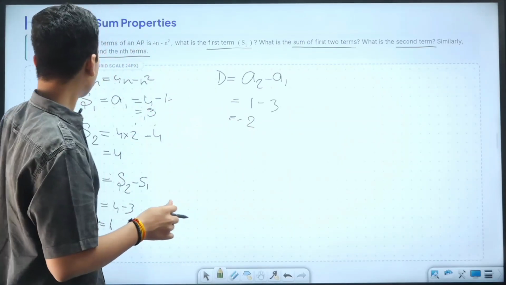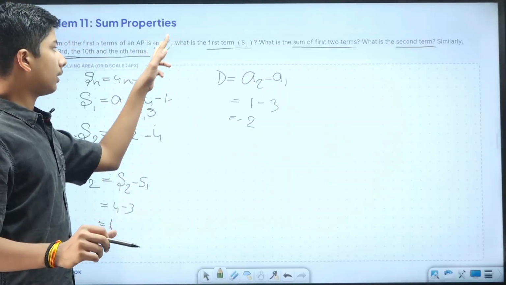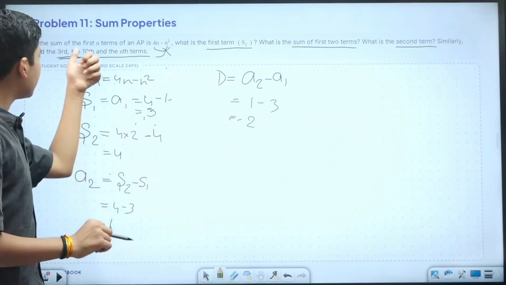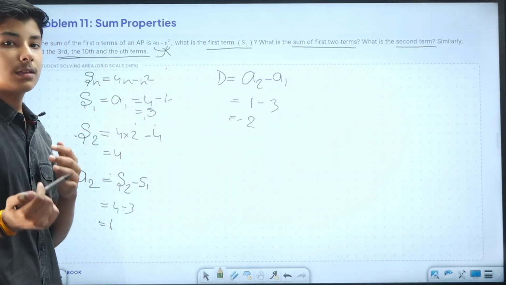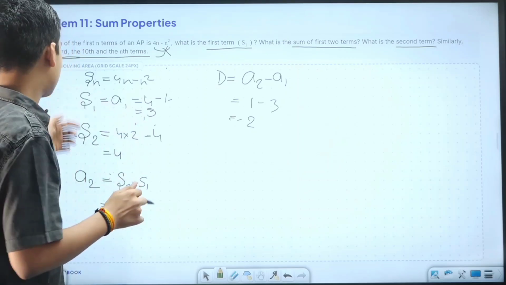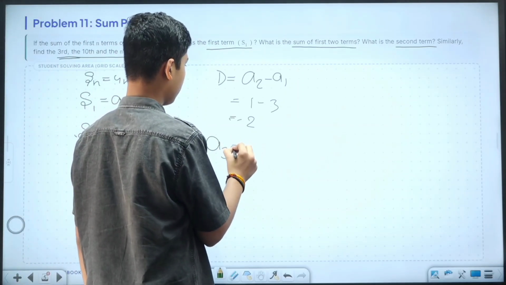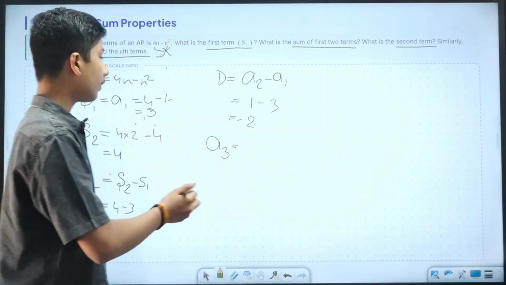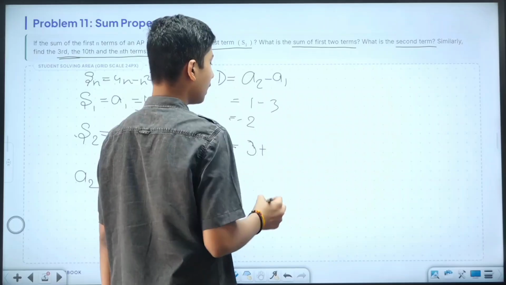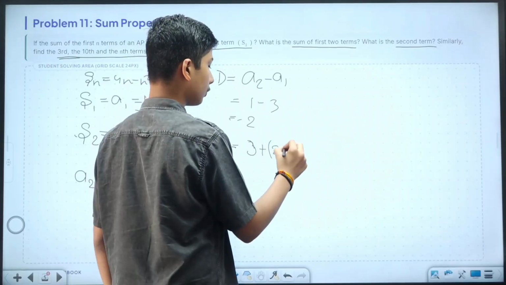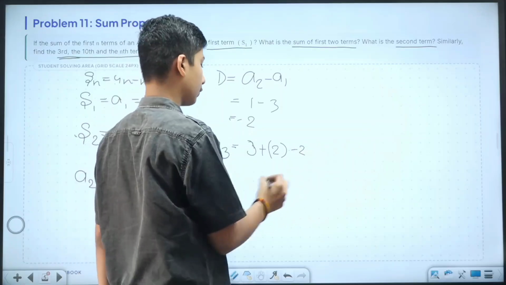Now we can find out these terms without using the Sn formula. We'll just put the value of D, put the value of A, and then we can find out the answers. So A3 will be A, which is 3, plus n minus 1, which means 2, into D. D we have found out, which is minus 2.